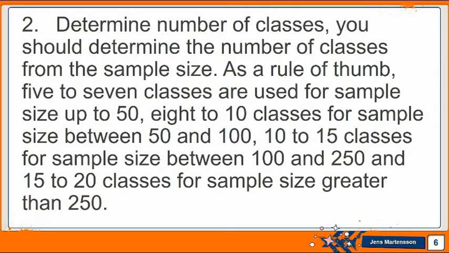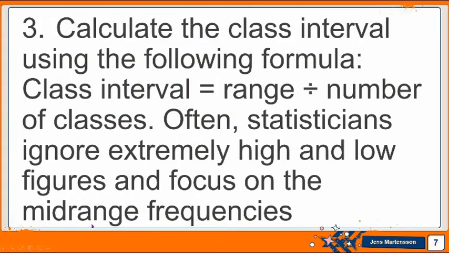In determining the number of classes, you should determine it from the sample size. Ang susunod nating rule is that we need 5 to 7 classes. Ibig sabihin, yung pagkakahati ng class, from ascending to descending.